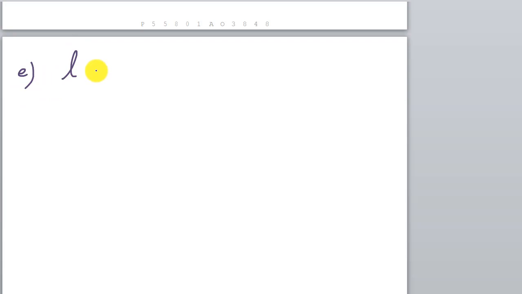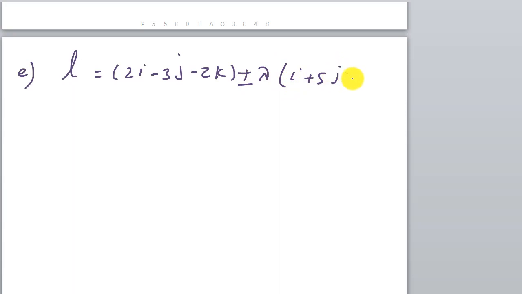Now line L we calculated before, which is equal to 2i minus 3j minus 2k plus or minus lambda times i plus 5j plus 7k.